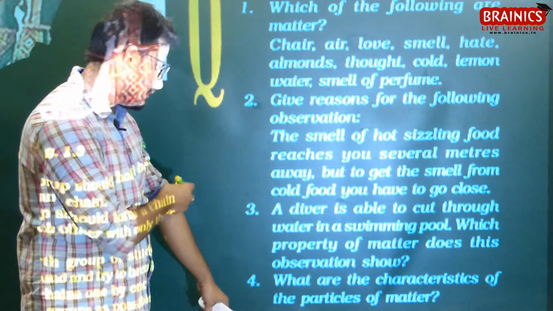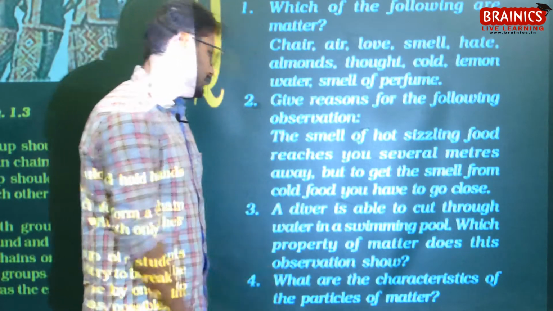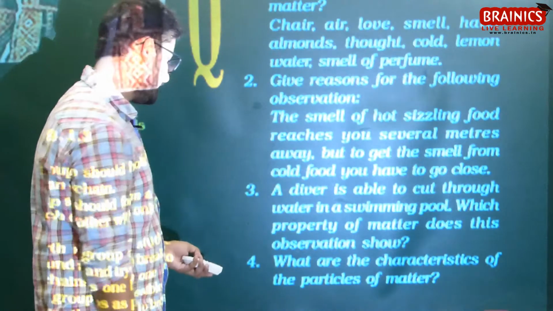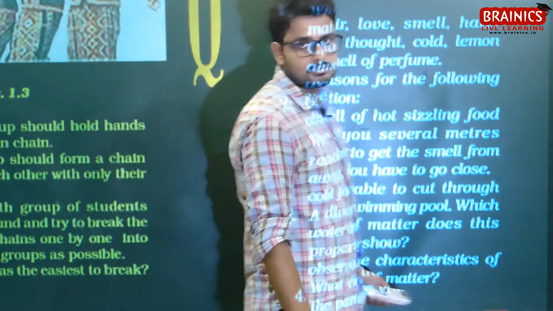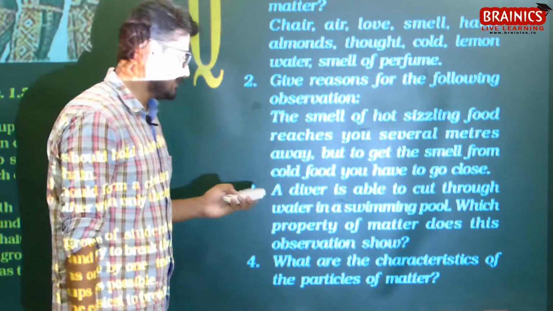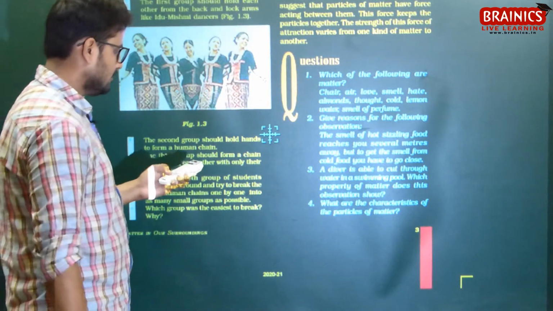The observations are written over here. A diver is able to cut through water in a swimming pool. And what are the characteristics of the particles of matter? You will have to note them down, which I mentioned in the first video lecture. Okay, so let's switch to another page.